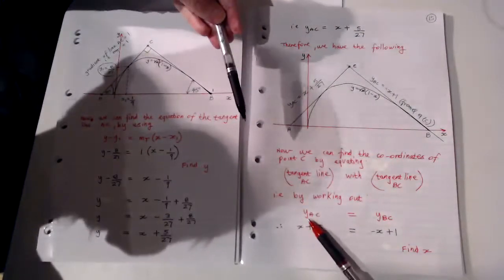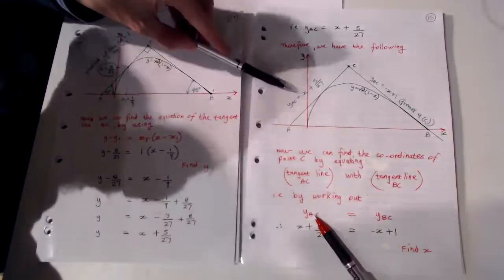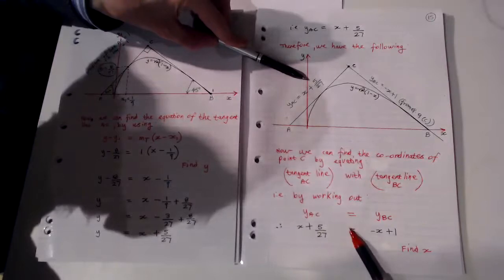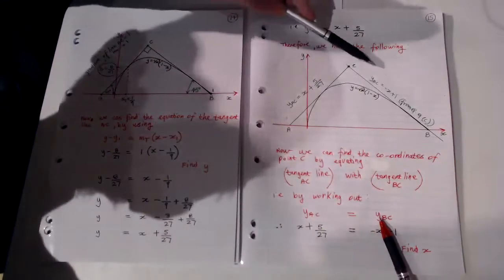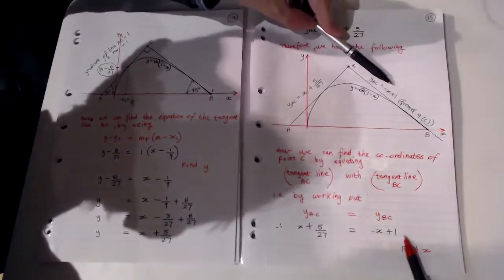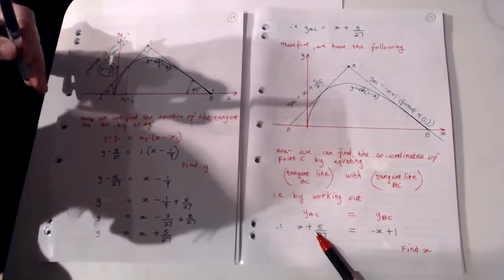And therefore, what's the equation y subscript AC? We just worked it out as being x plus 5/27, and that's equal to the equation of y subscript BC, which is -x plus 1. Here we have one equation with one unknown, which is x, so we can find what x is.